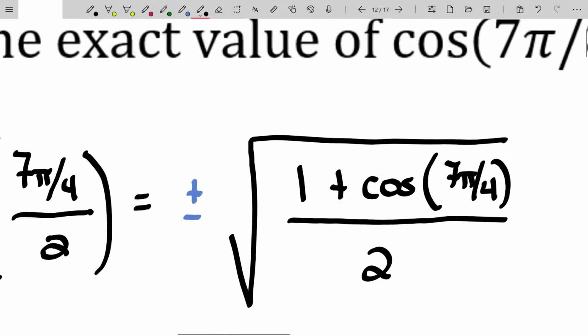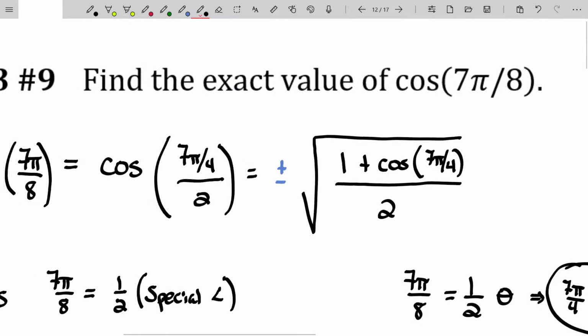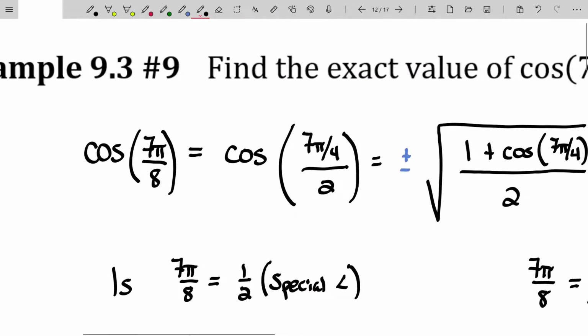So now look at what I'm working with. I'm no longer working with the cosine of 7 pi over 8. I'm working with the cosine of 7 pi over 4, which is a much easier angle for us to work with because the reference angle is pi over 4. Now, before I continue, I want to make a quick mention. You cannot have two answers from this.